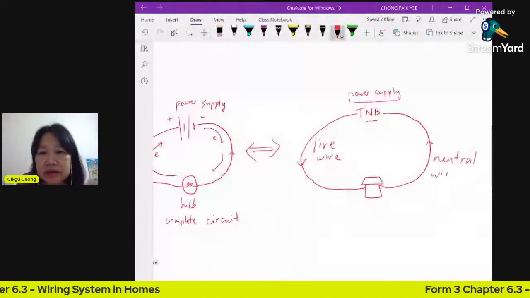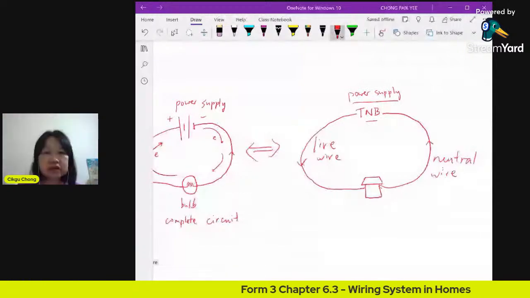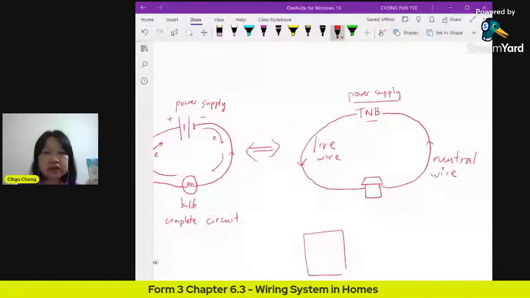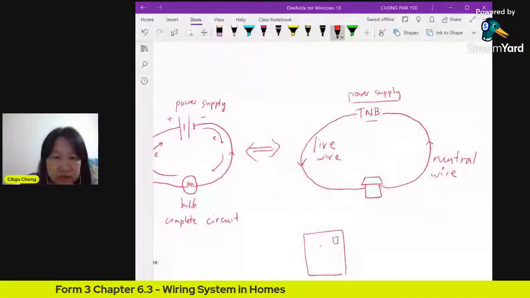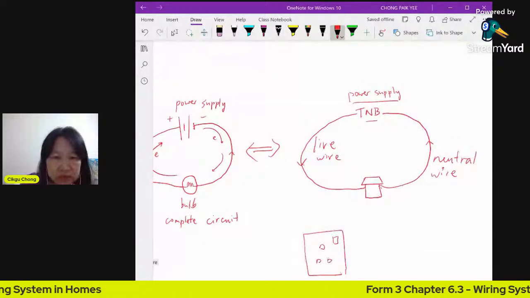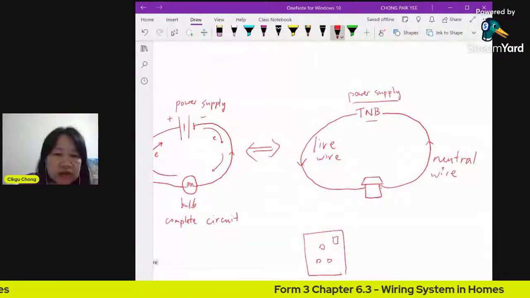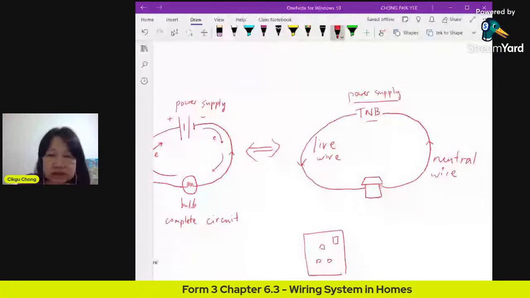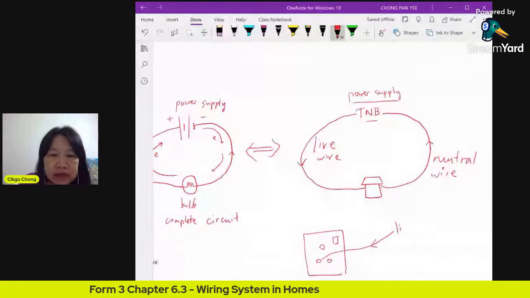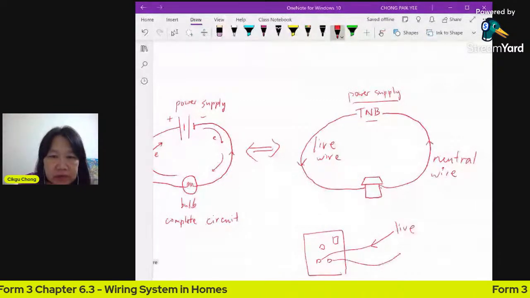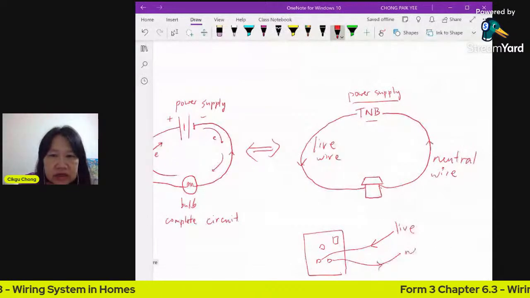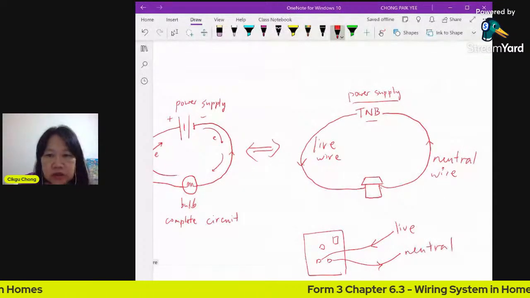So in any socket here, when you want to plug in, this is the switch here. You have 3 holes here, and you plug in your plug. One of them goes into the wall, where you cannot see. One of them is the live wire, and the other one is the neutral wire, which connects back to the Tenaga Nasional.